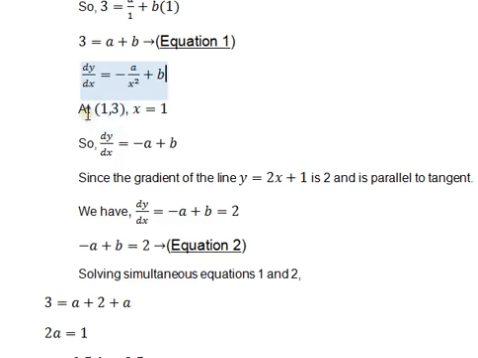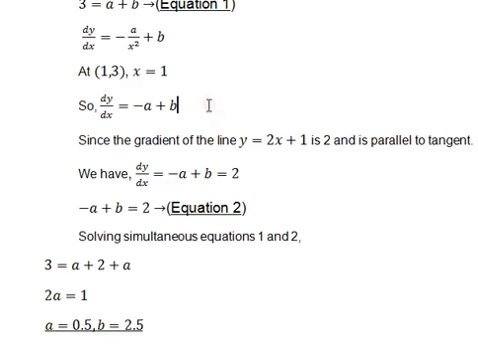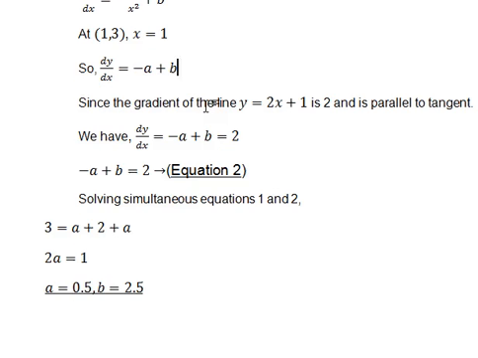And at this point where x is equal to 1, we substitute the value of x is equal to 1, and we have dy over dx is equal to negative a plus b. Given further that the gradient of the line y is equal to 2x plus 1 is 2, okay, and it is parallel to the tangent at this point where x is equal to 1 and y equals 3.